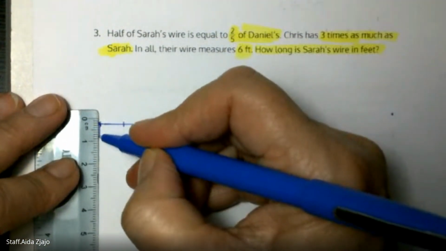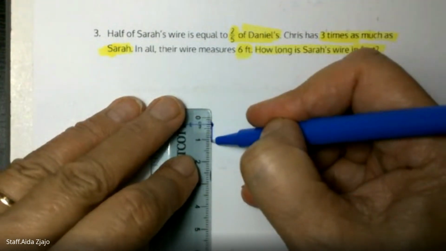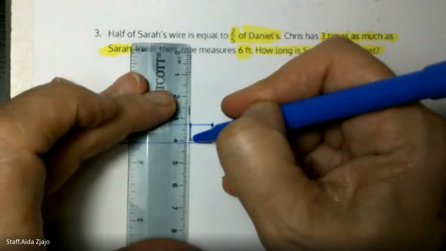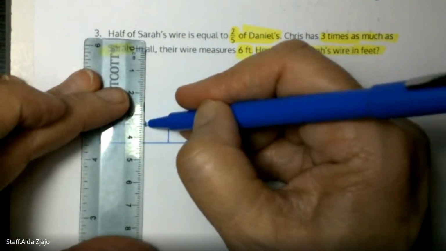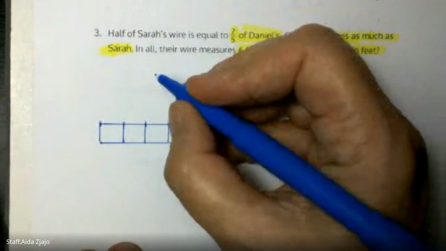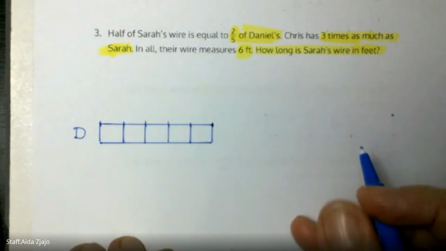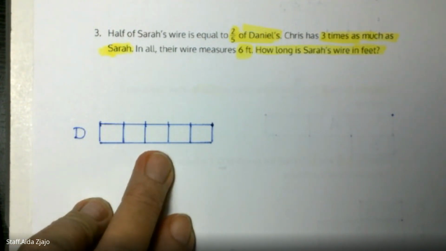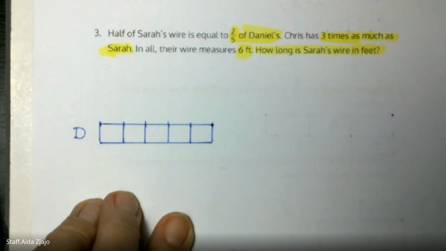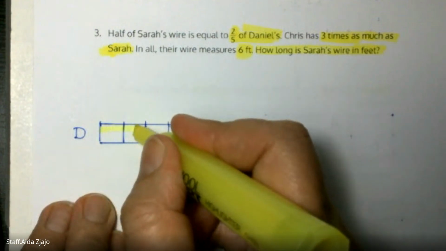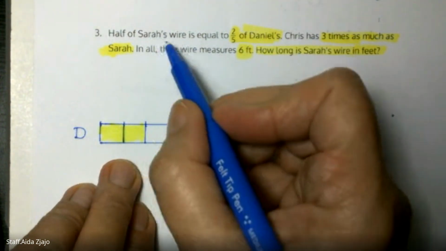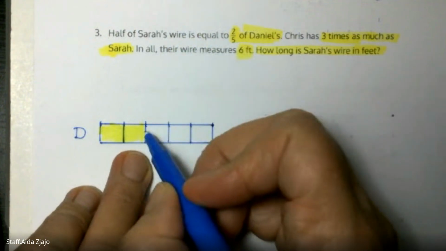So this should be Daniel. Half of Sarah's wire is equal to 2/5 of Daniel's. 2/5 of Daniel's are this much. So the half of Sarah is 2/5 of Daniel's.